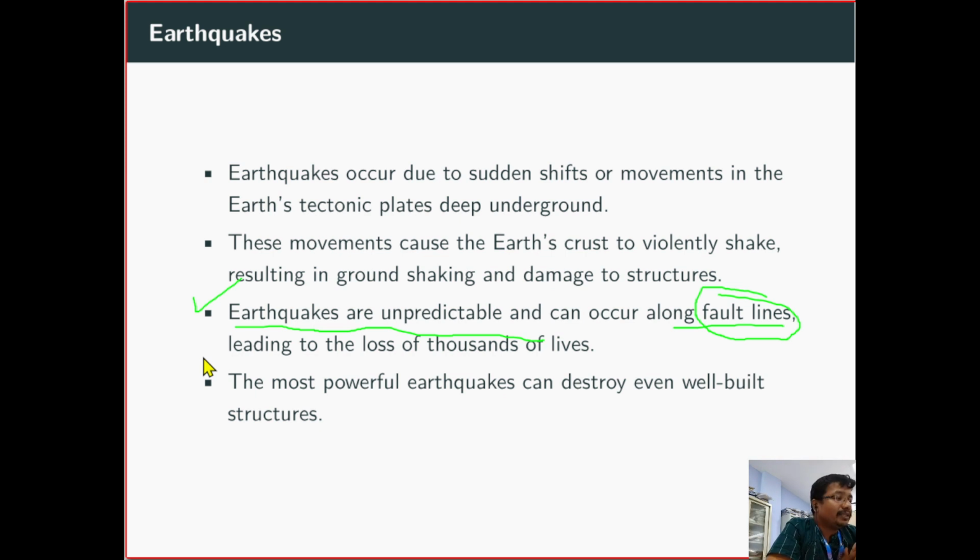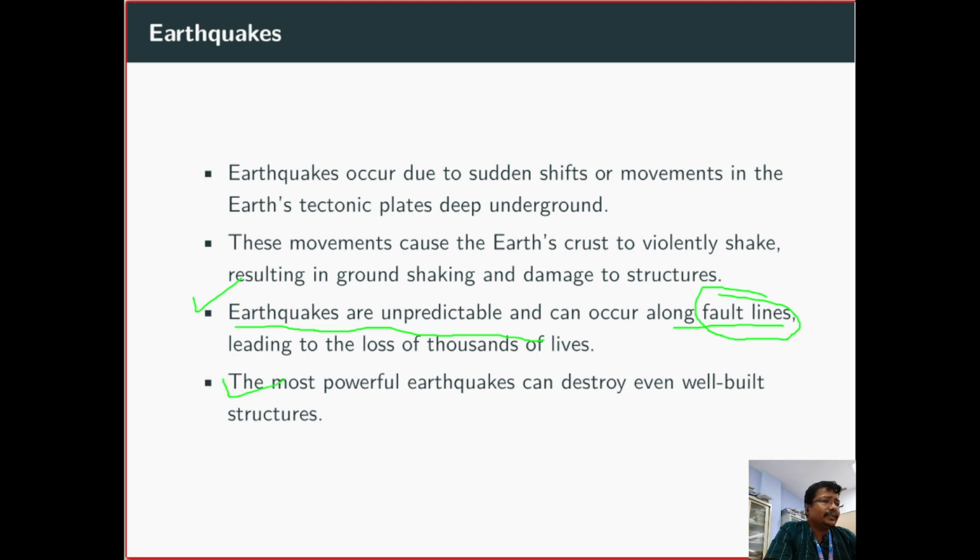Okay, which is the country where most earthquakes happen? It's a GK question, right? Which is the country where most earthquakes happen? Japan. Yes, Japan, Hawaii Islands. There are a lot more areas where we have very frequent earthquakes, right?